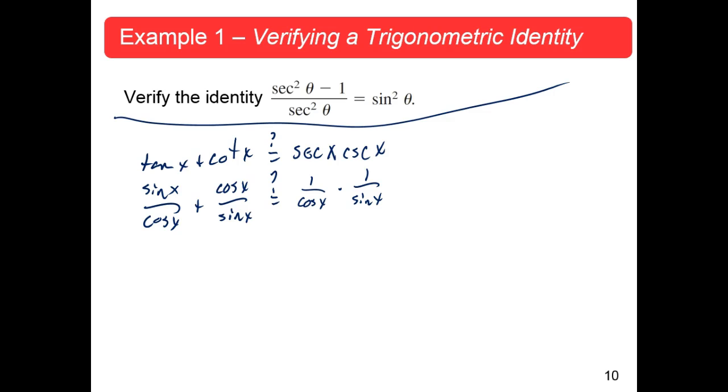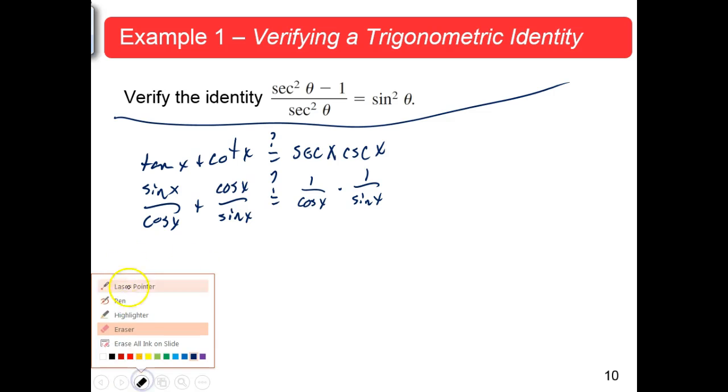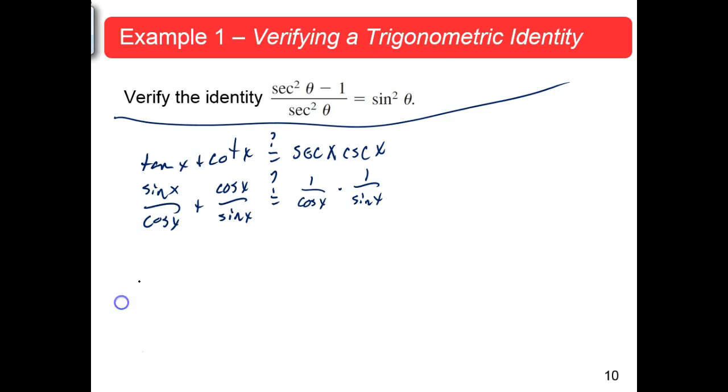We find the least common denominator. I'll take it in two steps. What's the least common denominator between cosine and sine? Let's see.